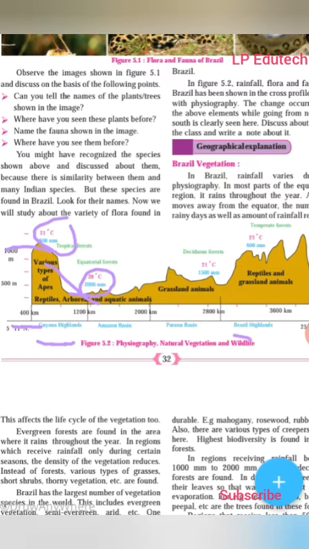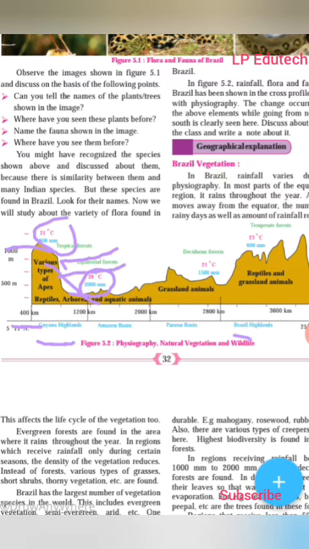Now what type of forest can we find here? In the region at higher altitude, there is tropical evergreen forest. So here it is mentioned, tropical evergreen forest, so it will be easy for you to judge. And towards the slope, there is equatorial forest.